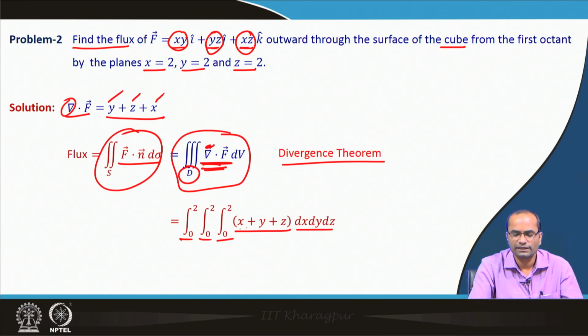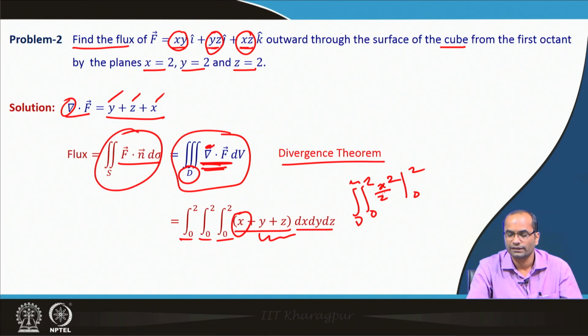So, we have eventually 3 integrals here, one over x, then y and z, and all 3 will give the same value. The first one, if we compute, we will get x square by 2 with limits 0 to 2, and there are 2 more integrals sitting there, 0 to 2 and 0 to 2. So, this is just for x. Similarly, for y and z we will get the same. So, this value is coming as 2 there, and if we integrate this with respect to y we will get another 2, and then we will get 2.